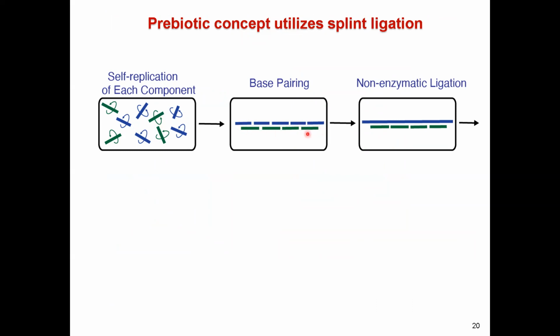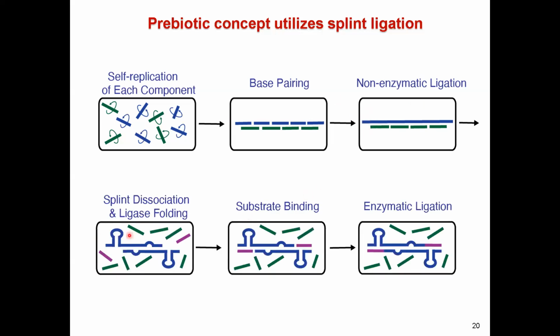So the green sequences are just splints. The blue ones would be active. You would generate something non-enzymatically, a sequence that would encode function. The splints would have to be removed somehow. And then this newly formed ribozyme, and in our case, we're using a ligase, could exert its function.